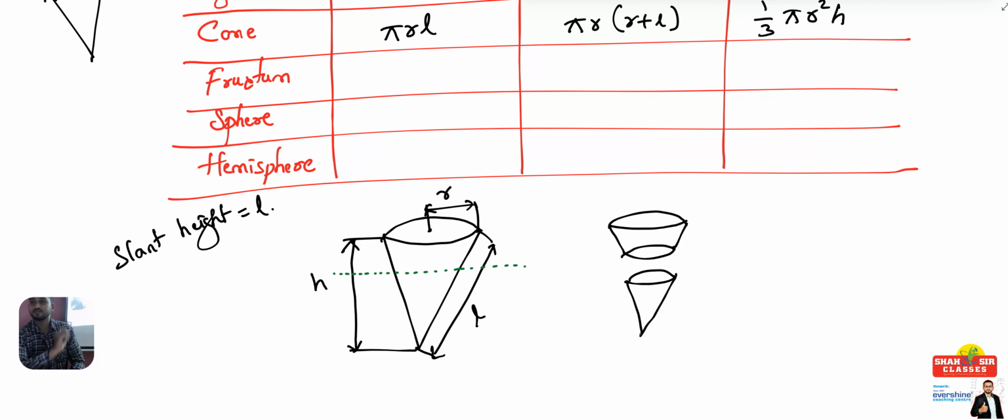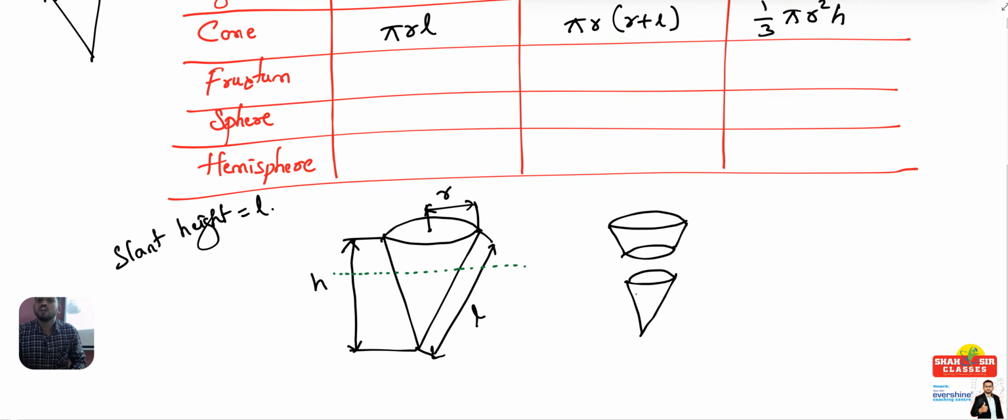Here we have the bigger cone and here we have the smaller cone.